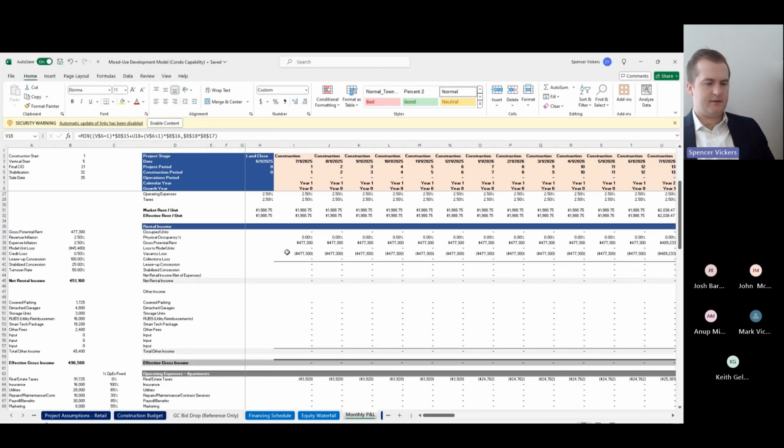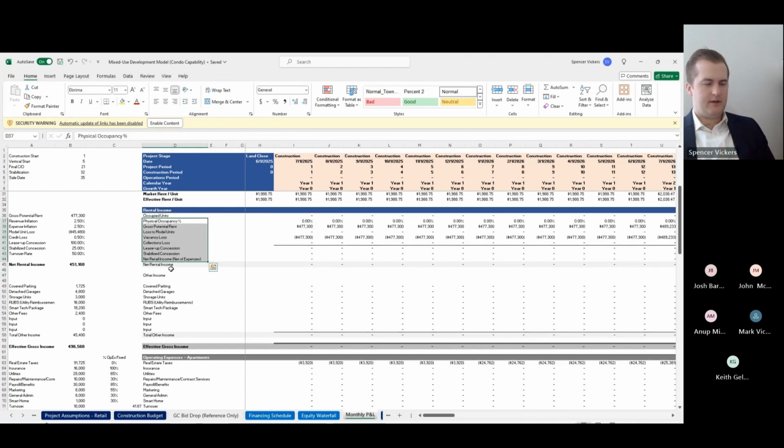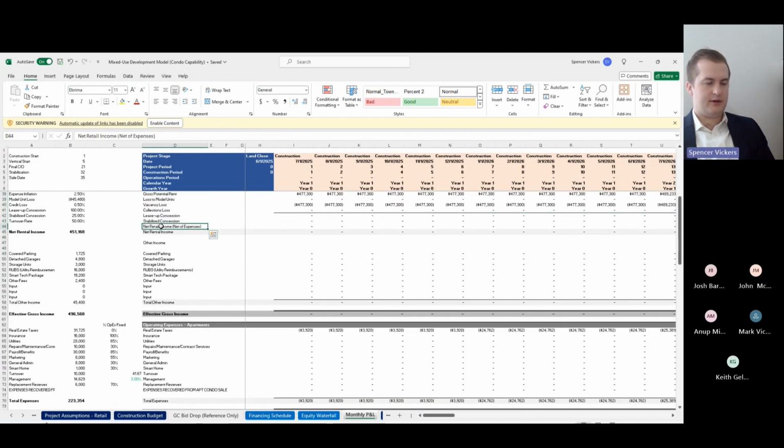As far as rental income, occupied units flows back to the absorption schedule, then physical occupancy, and all of your other income metrics. Your net retail income also flows through on this section to give you your total net rental income.